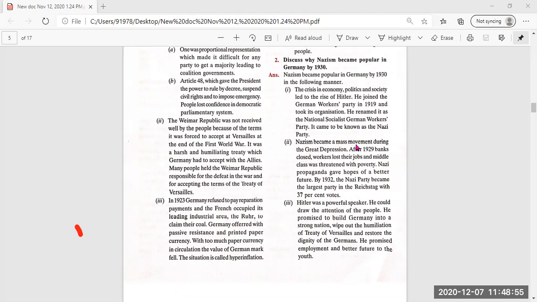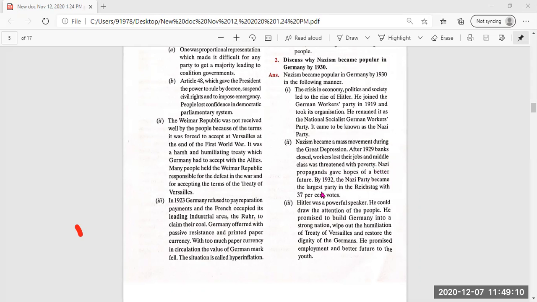Then Nazism became a mass movement during the Great Depression. After 1929, banks closed, workers lost their jobs, and the middle class was threatened with poverty. Nazi propaganda gave hopes for a better future.